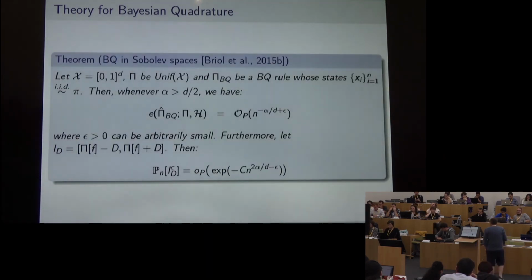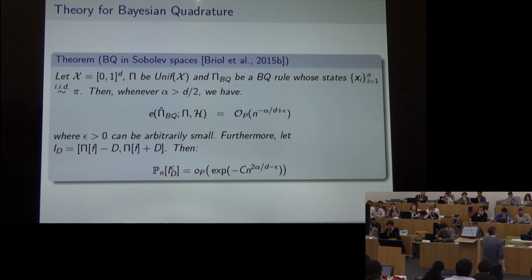And it turns out that the rate of convergence of the mean is of order 1 over n to the alpha, where alpha is the level of smoothness of the function class, so the number of derivatives, and d is the dimensionality of the space.